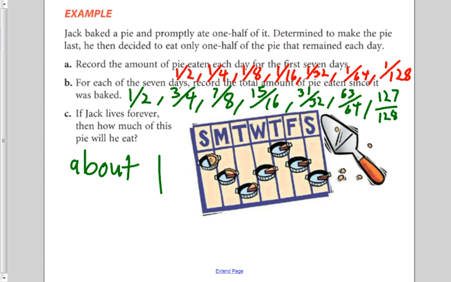As we can clearly see, this will go on forever, eating 1/2 of the pie a day, and 1/2 of that half, and 1/2 of that half. So it'll continuously approach eating the whole pie, but he will never quite eat the pie. So we're going to estimate our answer here and write about 1.